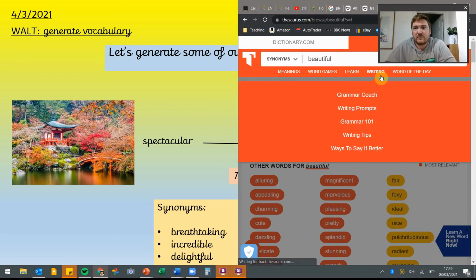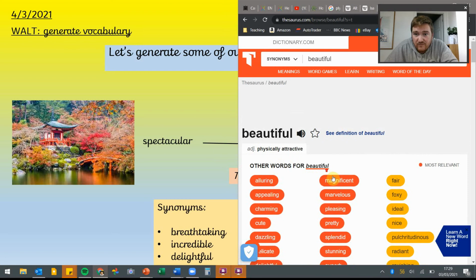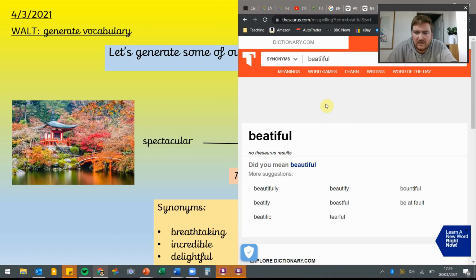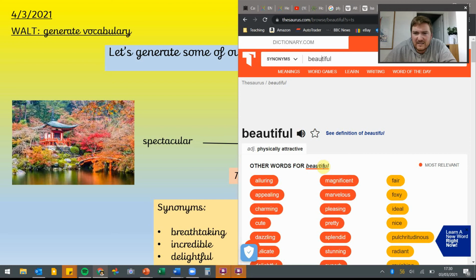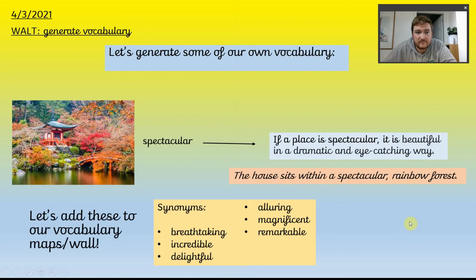So you type in beautiful and then see if there's any other words you can use. It helps if you spell it right, Mr. Laker. Oh dear, beautiful, yeah. Having a very good day for spelling today for some reason. So lots of different words there. Can you come up with some others? I look forward to seeing your examples.